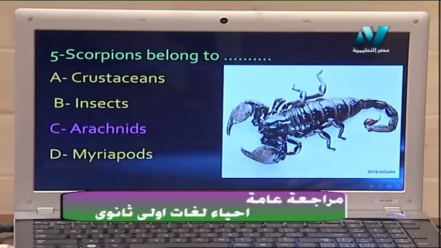That means this kind of organism has two parts of the body. Head and thorax in cephalothorax, one area, and another area we call abdomen. Abdomen here is the second area. When you look to the cephalothorax here, this area produces legs.